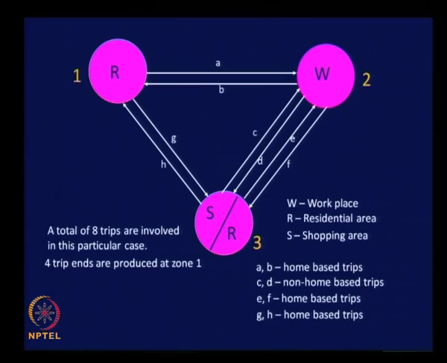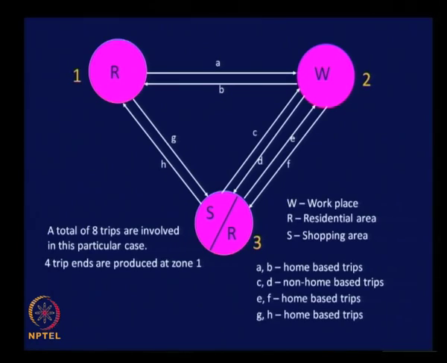As far as this analysis is concerned, be concerned with trip ends, not the whole of the trip. Trip ends associated with a particular zone is our concept, right. So, 4 trip ends are produced at zone 1, irrespective of the direction of movement. You just count the number of trip ends connected to that particular zone. If the zone is a residential zone, all are production.